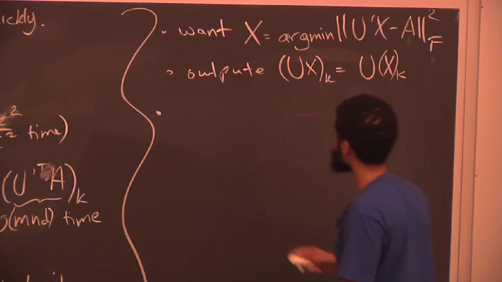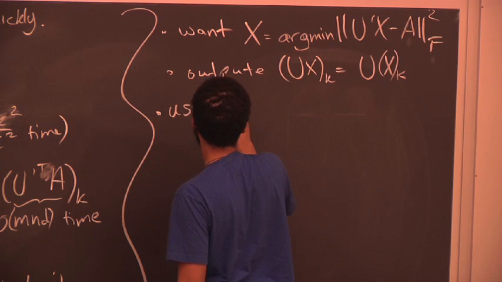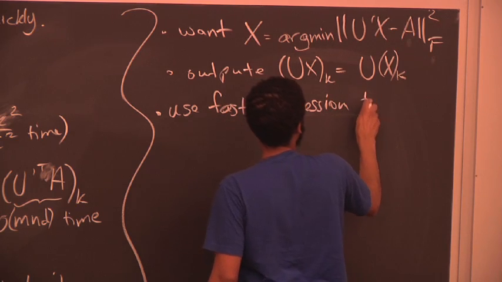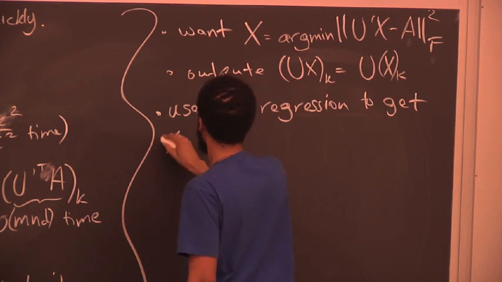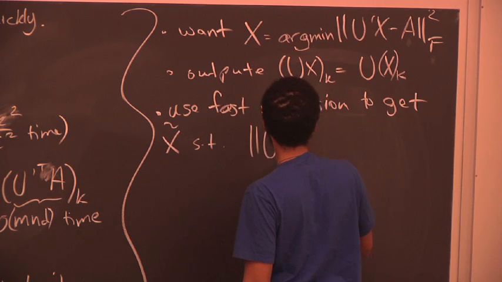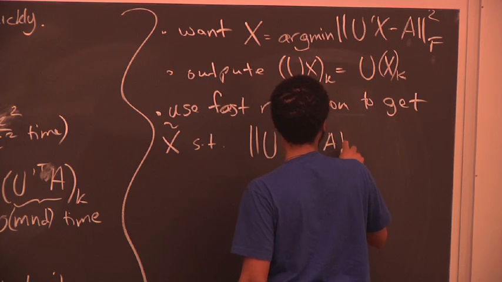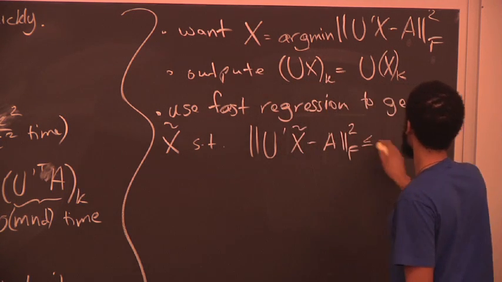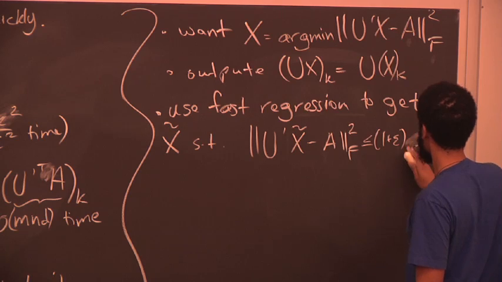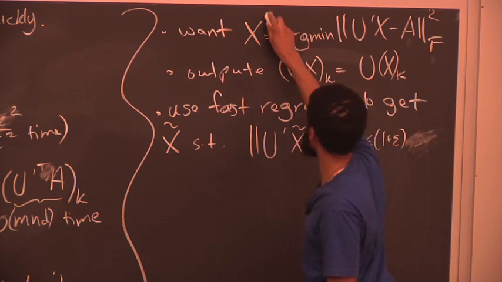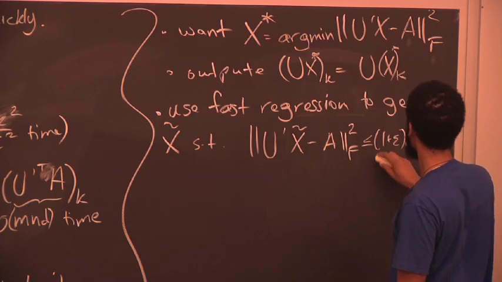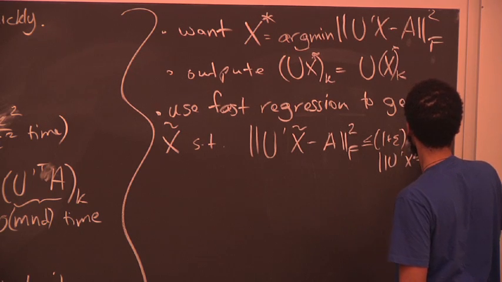So we'll use fast regression to get x tilde such that the Frobenius norm squared of U prime x tilde minus A is at most 1 plus epsilon times the Frobenius norm squared of U prime x star minus A, where x star is the actual minimizer.